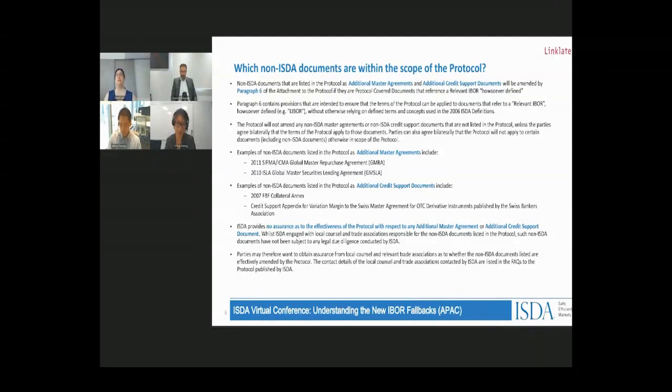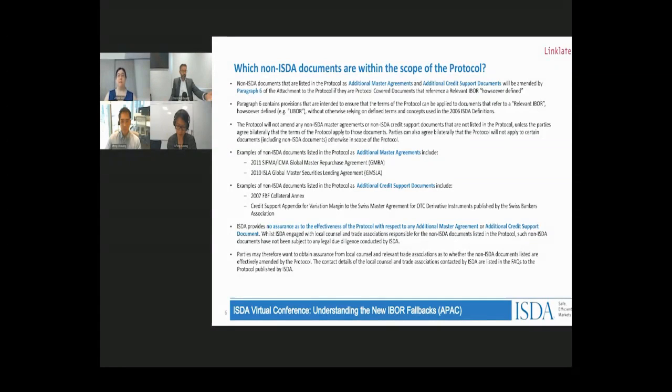But there is enough flexibility built within it that you can exclude particular trades and agreements if you want to from the scope of the protocol, but you can also agree, again, between yourselves that actually the protocol terms I'd like to apply to these other trade confirmations or agreements, or credit support documents that are not within scope, but I and my counterparty would like them to be. So that's something to remember.